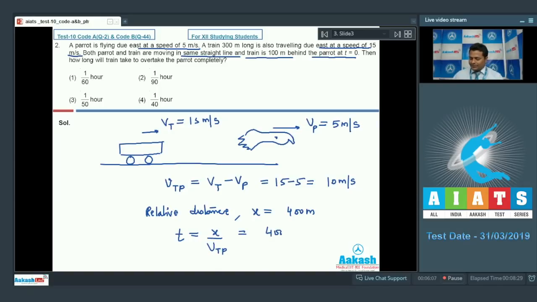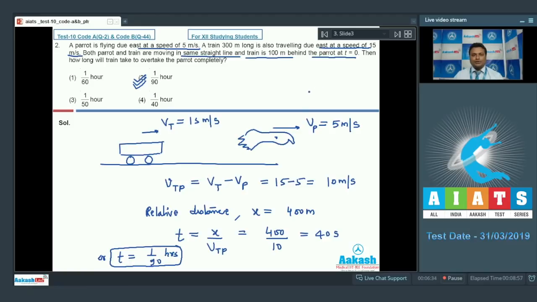So 400 divided by 10, that is 40 seconds, and if we convert this 40 seconds into hours, we will get t equals 1 by 90 hours. So after looking at the options, we can say that option number 2 is absolutely correct.